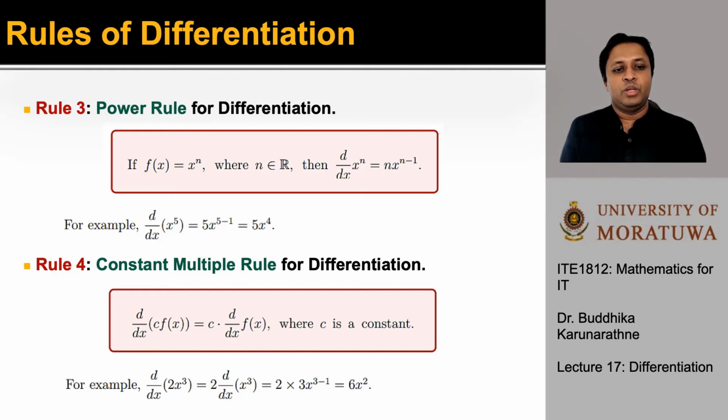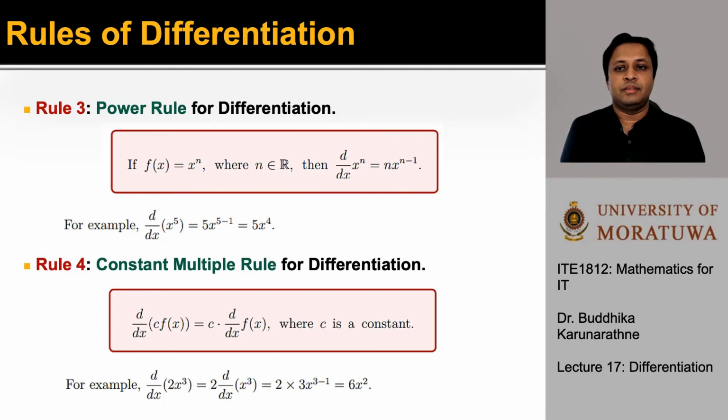Rule number 4 is the constant multiple rule for differentiation. For example, when we have d over dx of c times f(x), where c is a constant and f(x) is a function of x, then we can take out the constant. That means we can write it as c times d over dx of f(x).